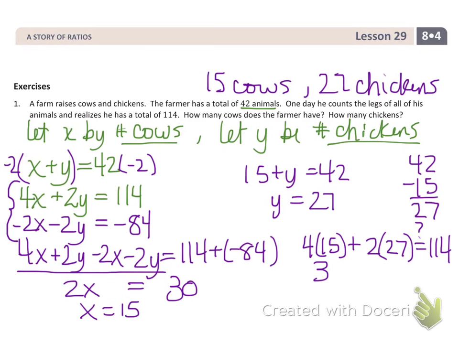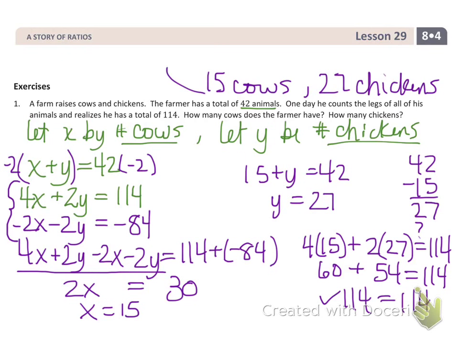So I get 60 plus 54 is equal to 114, and it is, so that checks out. Okay, so this works right there.